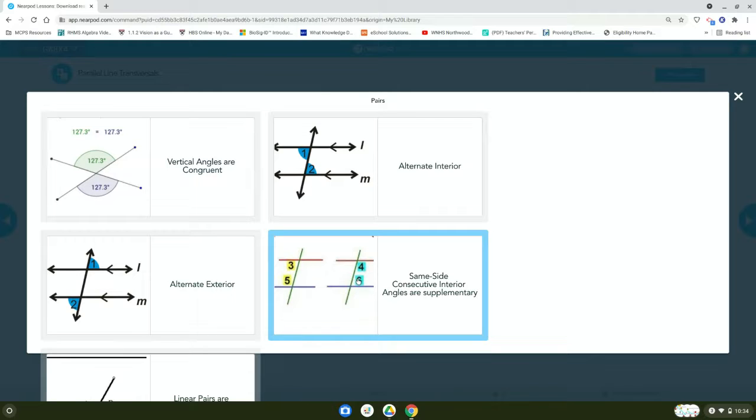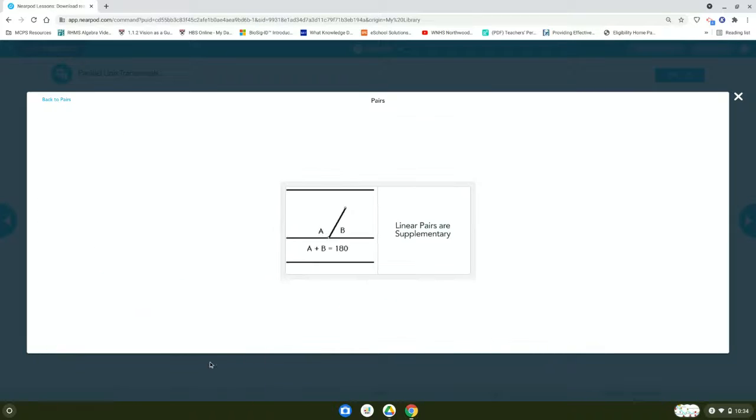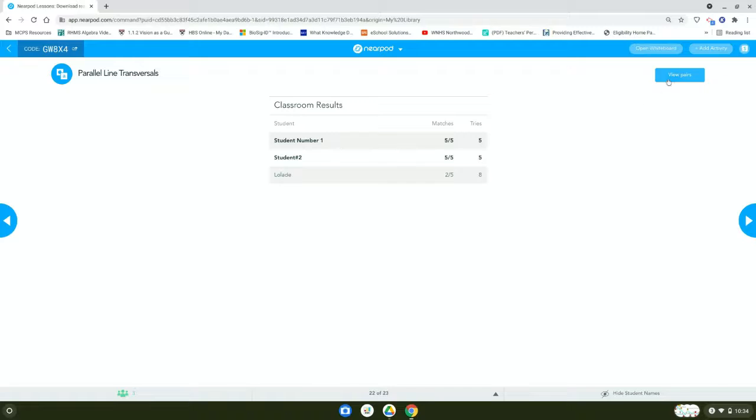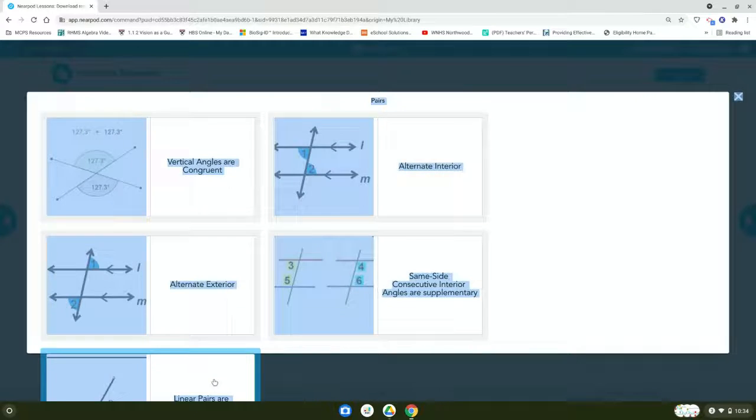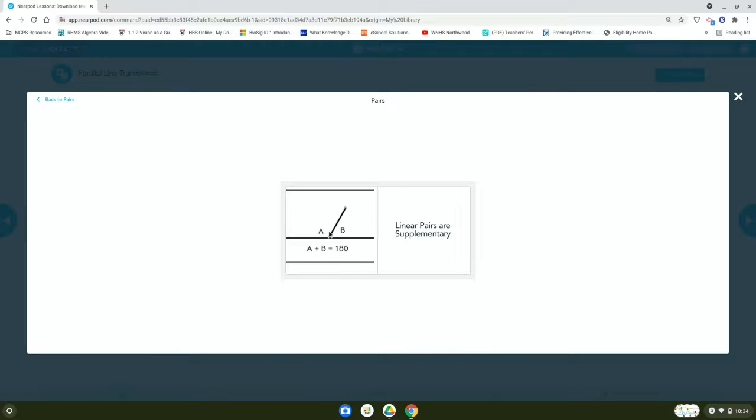Same side facing each other will never be congruent, they are only supplementary. And linear pairs are angles on a straight line. Angles existing on a straight line are linear pairs. Straight line adds up to 180 degrees. Thank you.